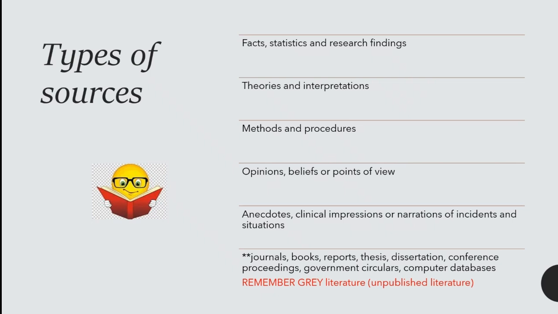So you can see that we can pull in different types of sources, and when we talk about the different types of reviews, I'll also show you where we can potentially use these different sources of information.